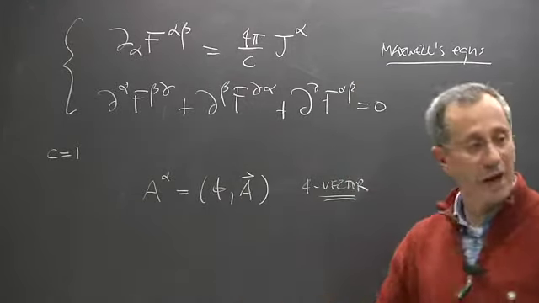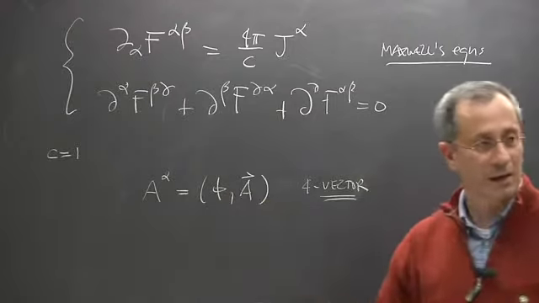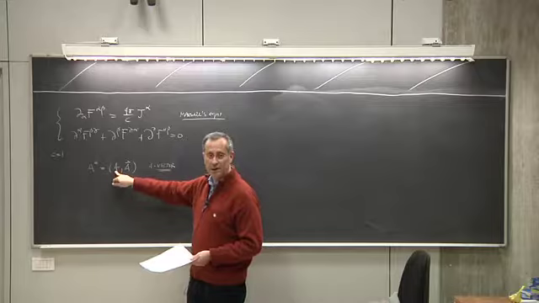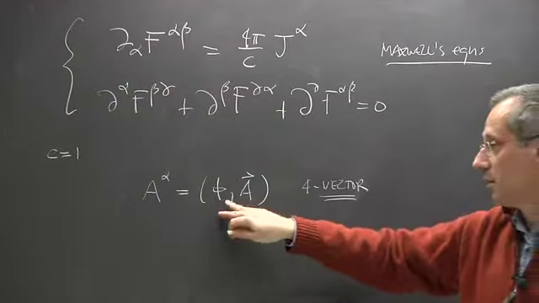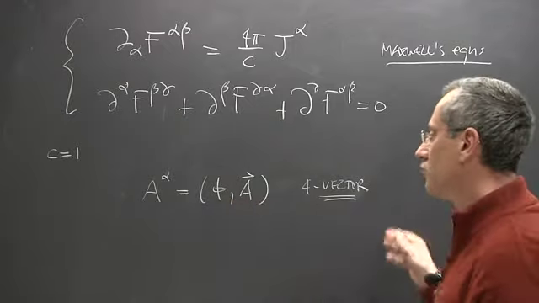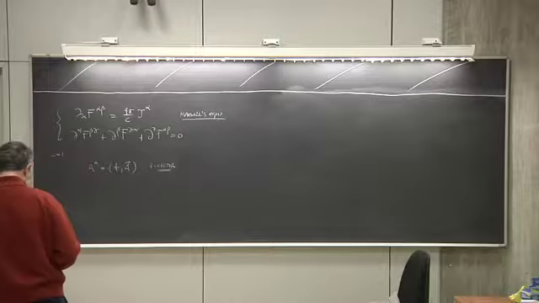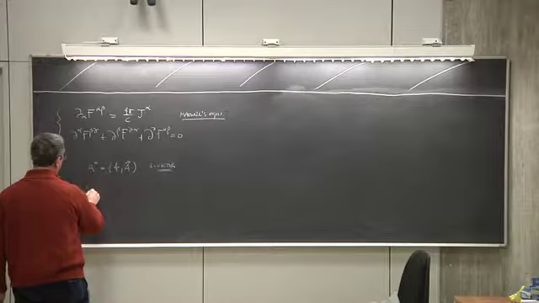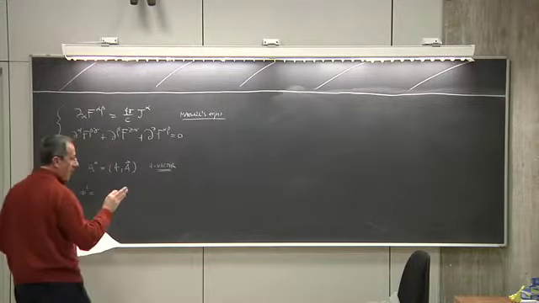When we put these together, it's not that we put apples and bananas. I mean, we take things that transform like the coordinates. So this one transforms like the time coordinate, and this one like a space coordinate. You put them together and they transform according to the Lorentz transformations, the way we saw it. In fact, therefore, phi prime, if I do a boost, let's do a boost in the x direction.